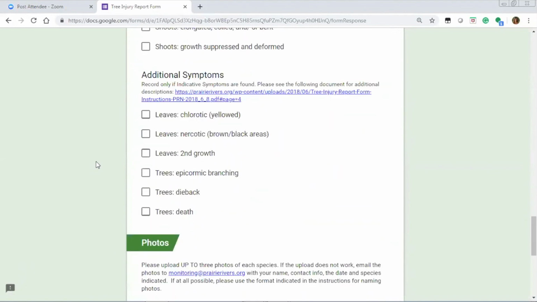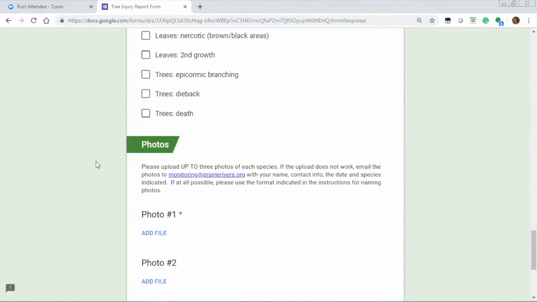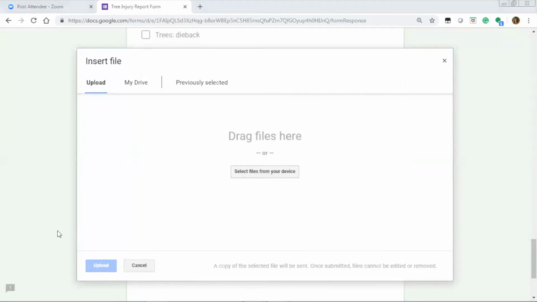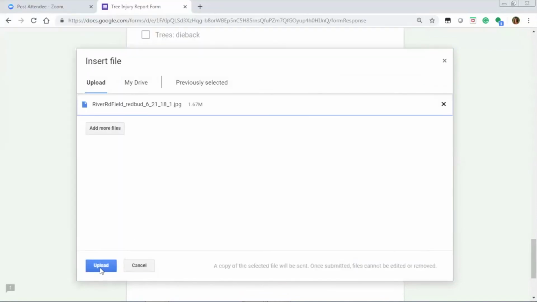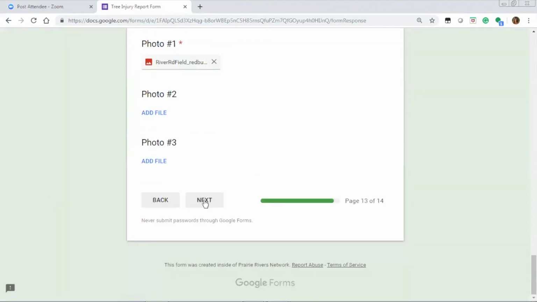No additional symptoms were recorded. I'm going to upload that photo, and scroll down to the bottom and click Next.